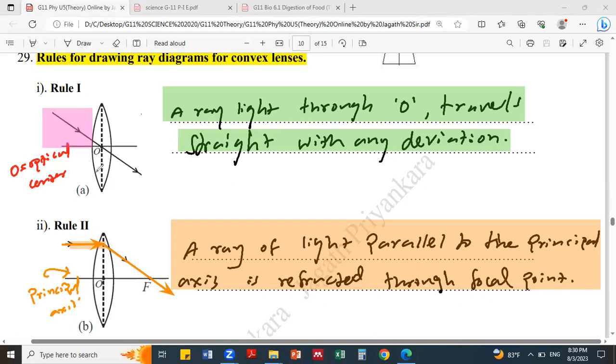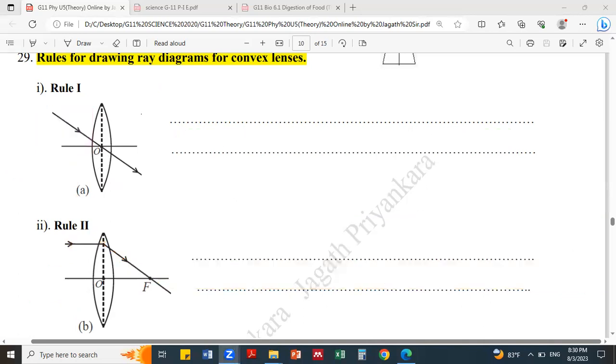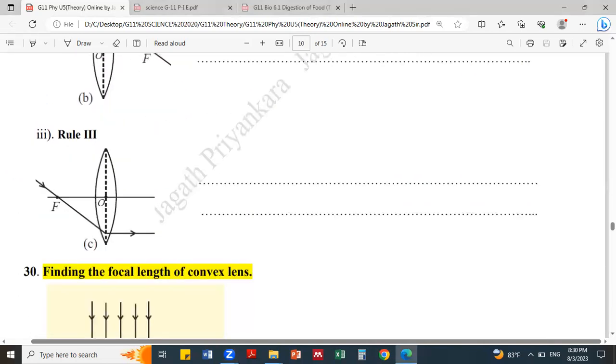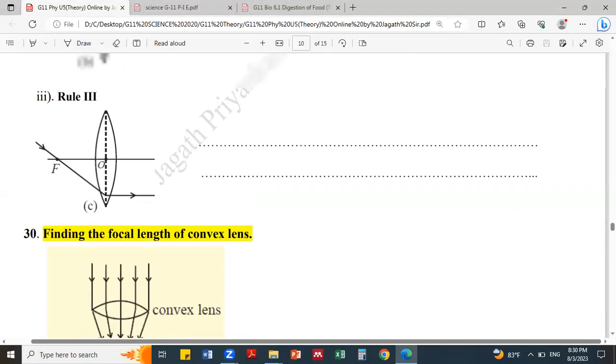Then rule 3. Most of the time we combine the first and the second rule to get the ray diagram. Rule 3 is actually the opposite of the second rule. A ray of light through the focal point. What has happened? A ray of light through the focal point is refracted parallel to the principal axis. Can you please write it?